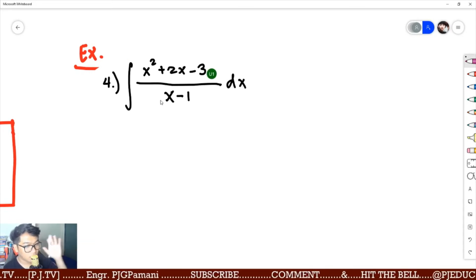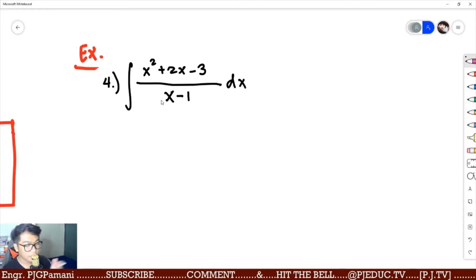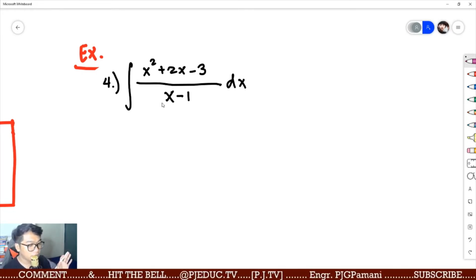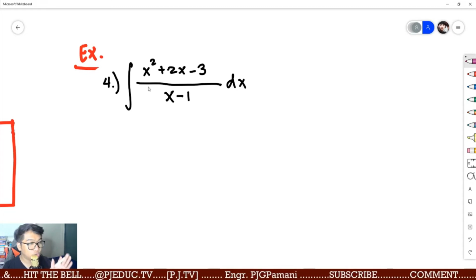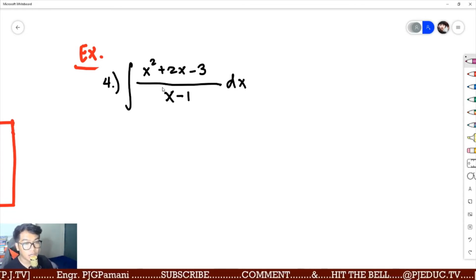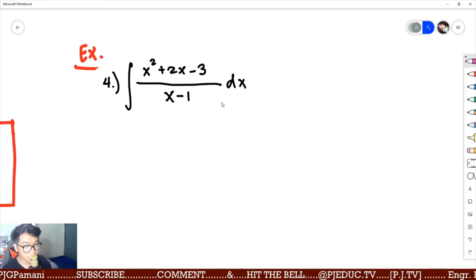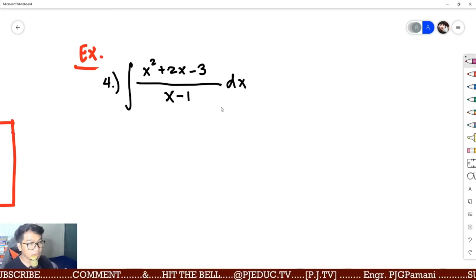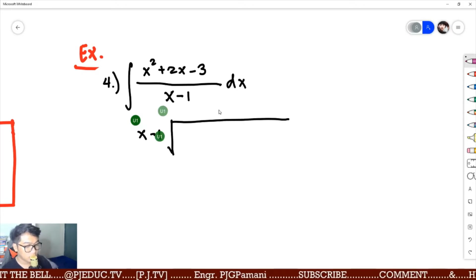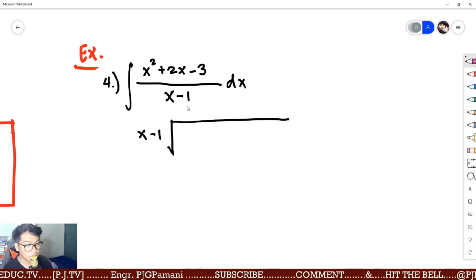Remember again our rule. Degree of the numerator must be less than the degree of the denominator, or else you'll need to do basic algebraic analysis or use algebraic division. So basically, to simplify this one, divide na lang muna natin siya: x squared plus 2x minus 3 divided by x minus 1.